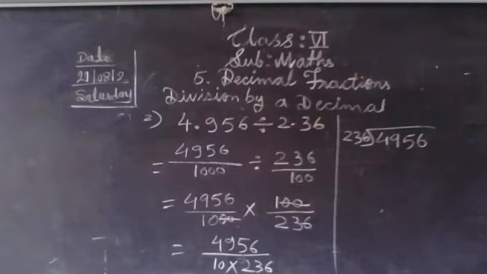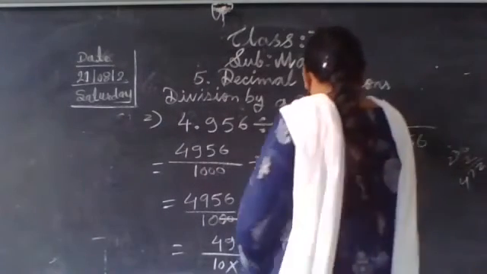We will try 236 multiplied by 2. 2 6s are 12, 2 3s are 6 plus 1, 7, 2 2s are 4. So it is 472.